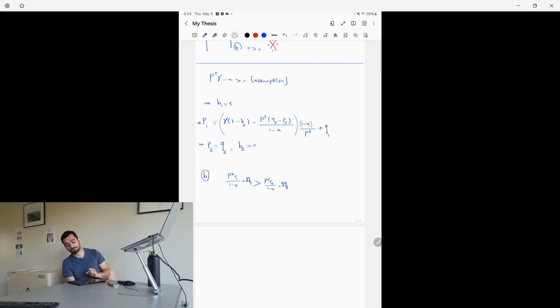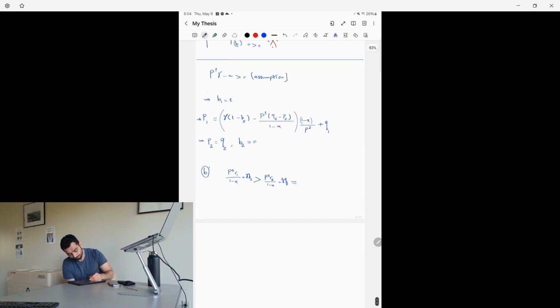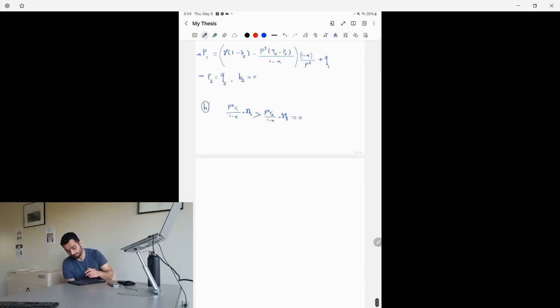So this is the constraint we want to change. This is 0, and P2 R1 plus gamma B1 should be greater.